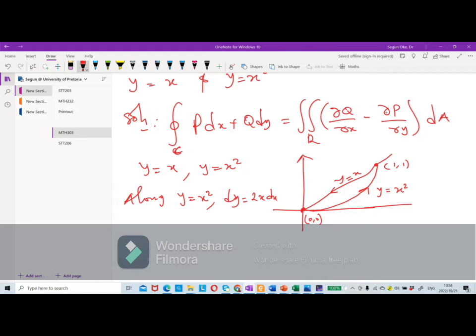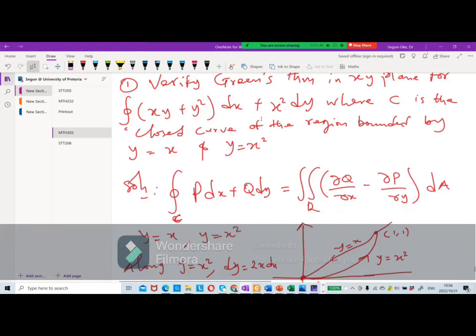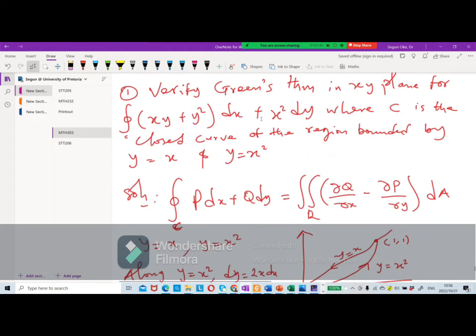So we can now substitute this into 0 to 1, from here, 0, 1. Then go to your equation. Our equation is what? xy plus y squared equals this.